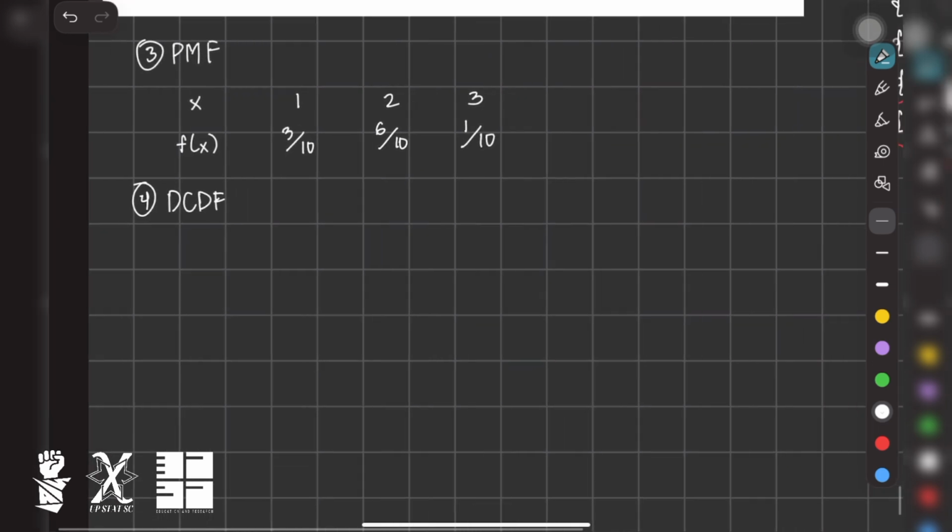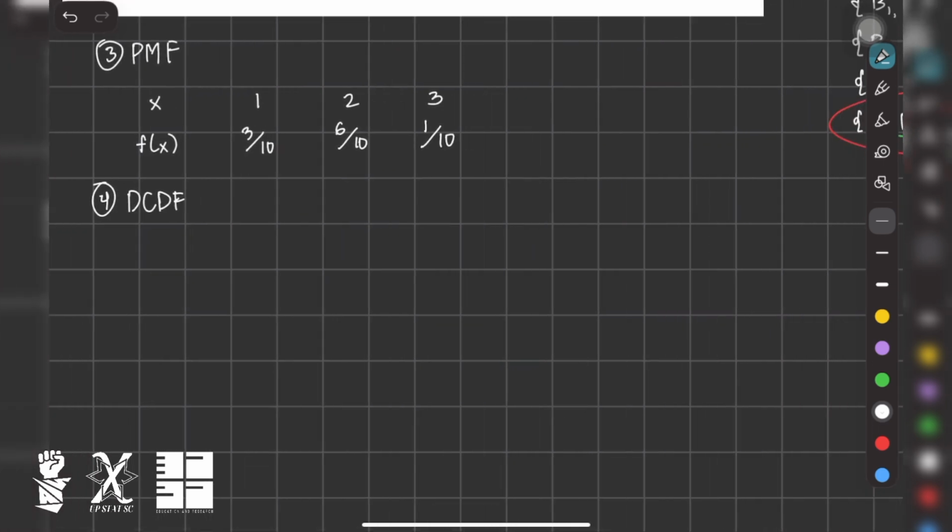Okay, let me show you our DCDF first before I explain further. So we have 0, 3 over 10, 9 over 10, and 1.